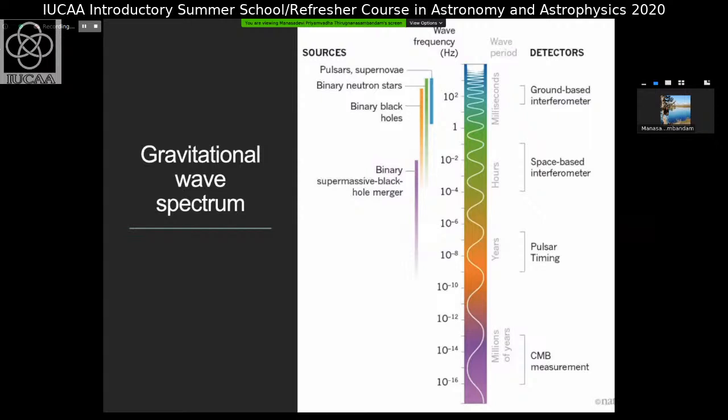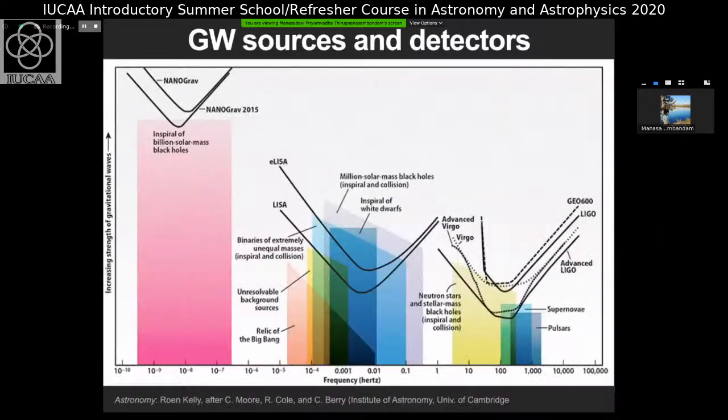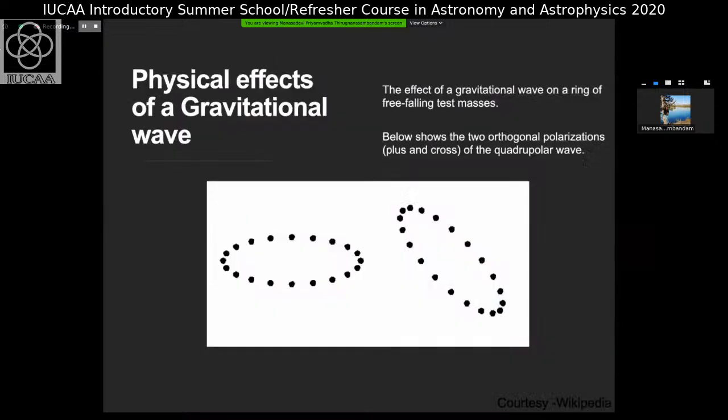The sources that we can detect are mostly binary neutron stars and binary black holes. You've heard a lot about the astrophysics of this in our previous talks. Now, if you look at the existing gravitational wave detectors, in this picture you see that the terrestrial gravitational wave detectors are all confined to the far right.